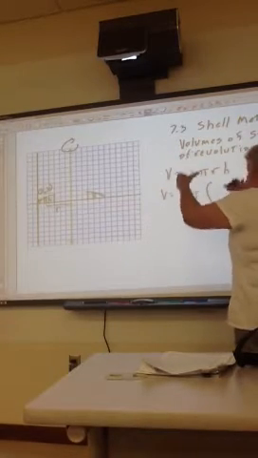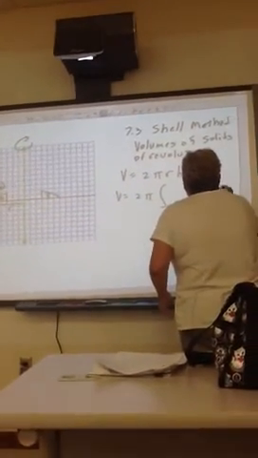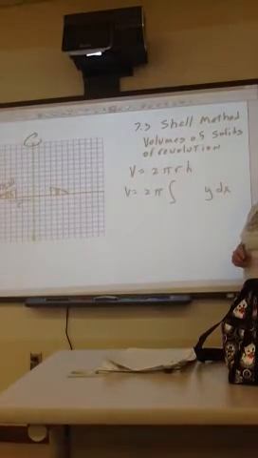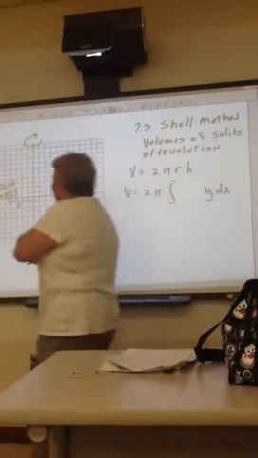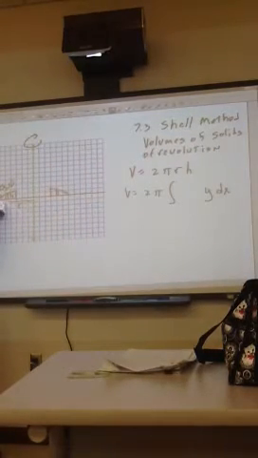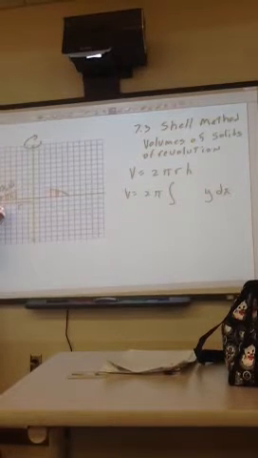These are going to be little dx shells, and all I need now is an expression for the radius. If this is the point xy, the distance from here to here is x long.